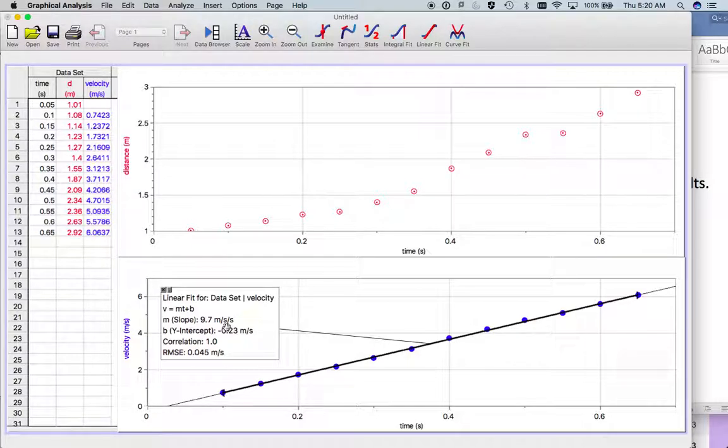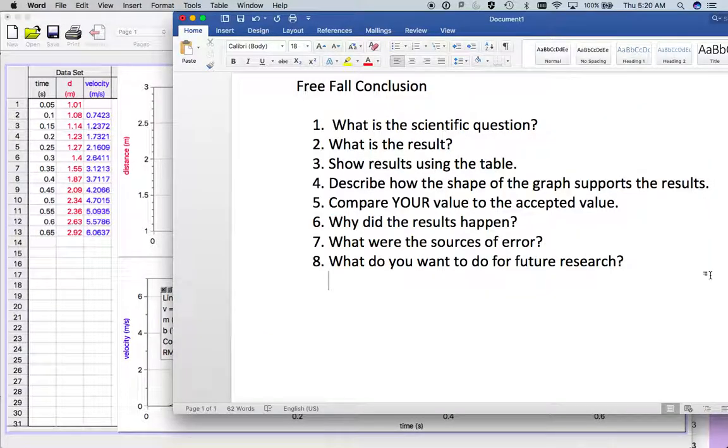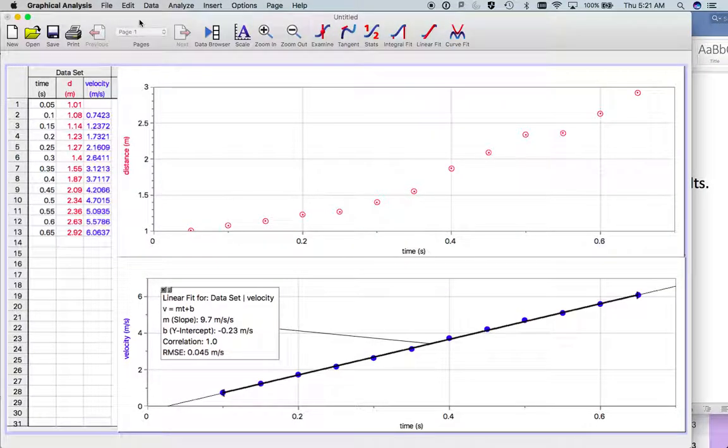And it's interesting because the accepted value, the value that other scientists get with a lot of fancier machinery than we have, is 9.8 meters per second per second. So this is the value we should have gotten. And of course, since it's my data, it's perfect. I got 9.7. So maybe not perfect, but close.